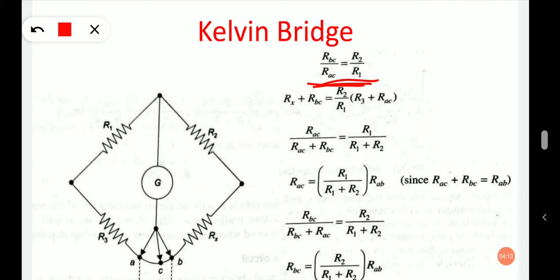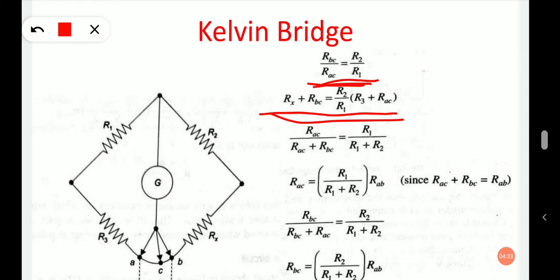So if this equation is satisfied, the balance equation for the circuit can be written as Rx plus RBC equals R2 upon R1 plus R2 upon R1 in bracket R3 plus RAC.